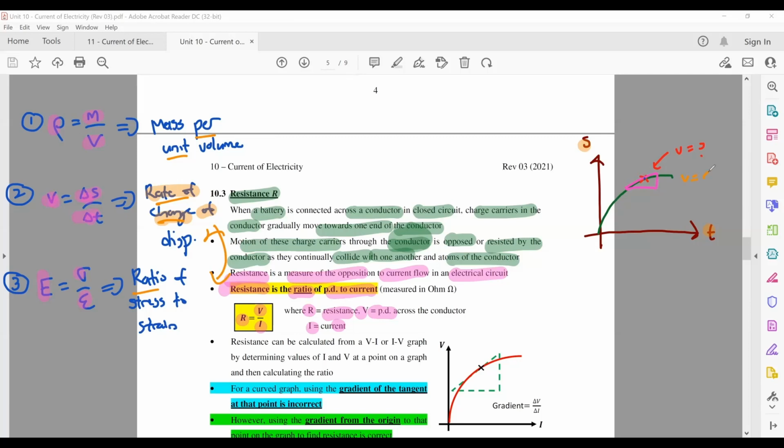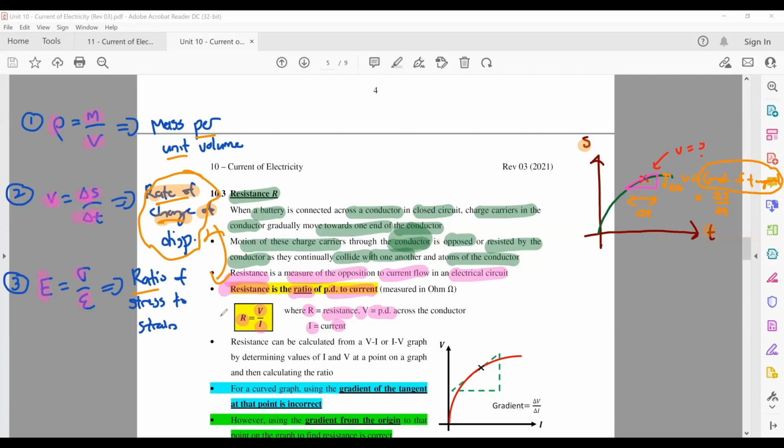V here will be gradient of tangent because it is delta S over delta T, this one here being your delta T, this one here being your delta S. So if something is defined as rate of change of something, you automatically relate it to the gradient of a tangent inside your graph.